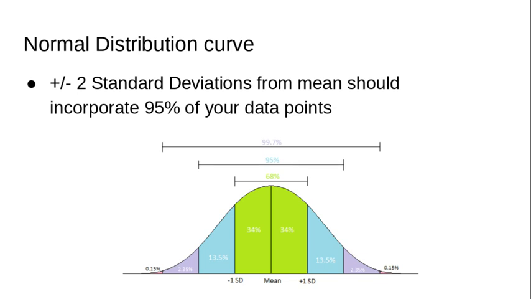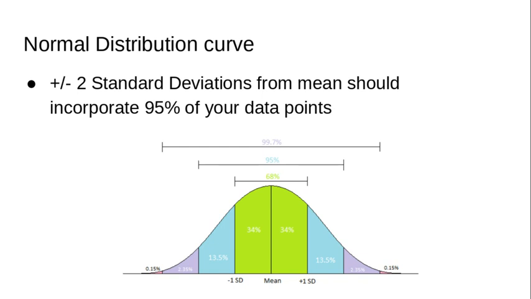So remember that 95. If you go out 1 standard deviation from the mean, that should encompass 68% of all of your data points in your data set. If you go out 2 standard deviations, that should encompass 95% of the data points in your set. If you go out 3 standard deviations, that should capture 99.7%, almost all of the data points, if you're sitting in a normal distribution curve.